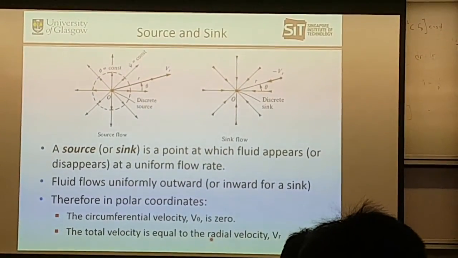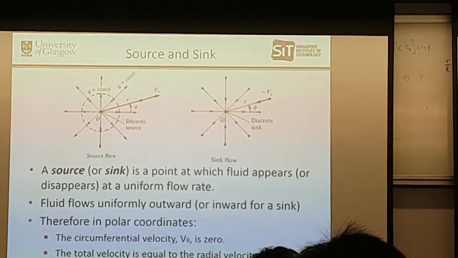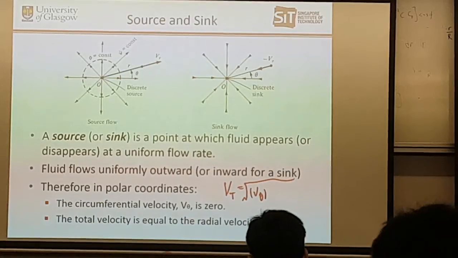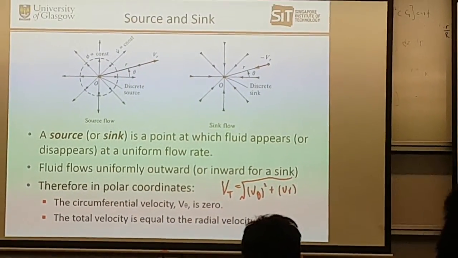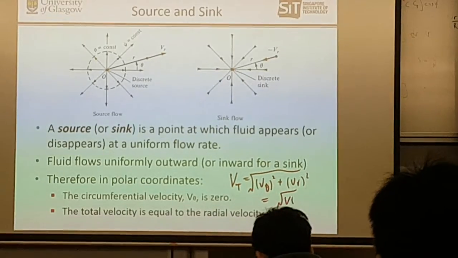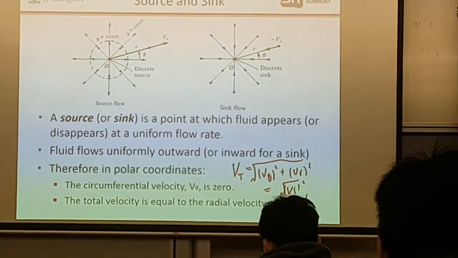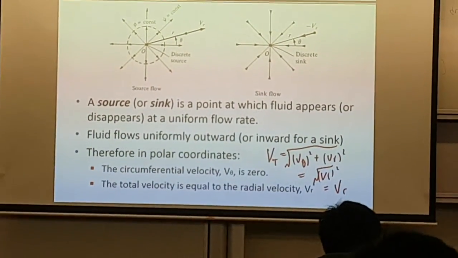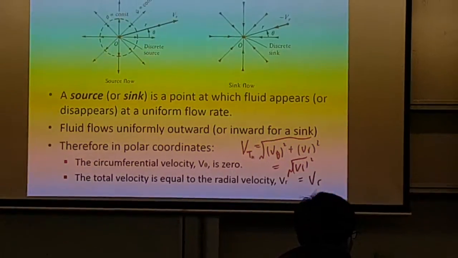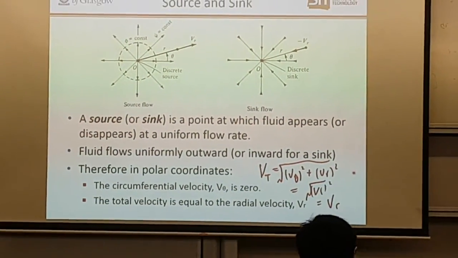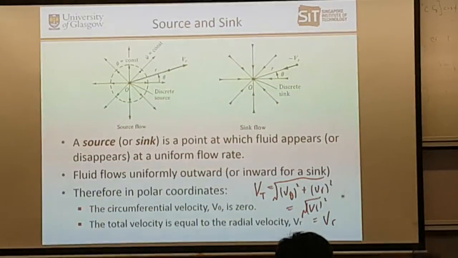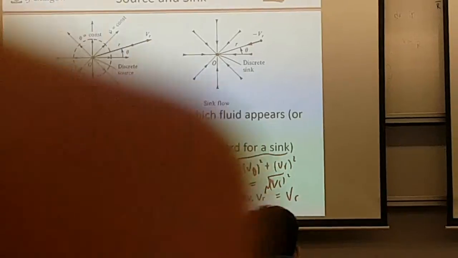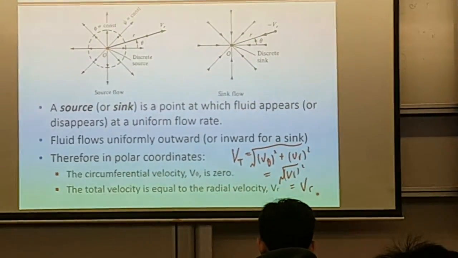The total velocity is the square root of v theta squared plus vr squared by definition. It just happens to be equal to vr because your v theta is 0, so the square root of vr squared will just be your vr.